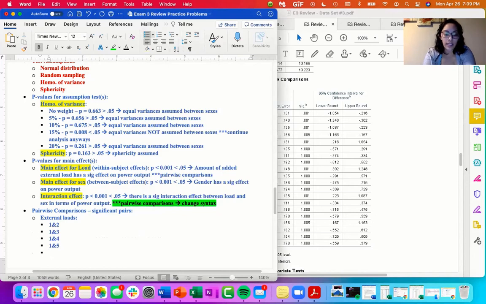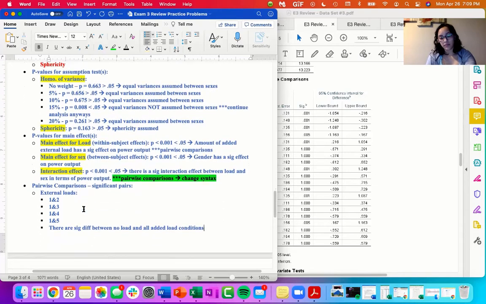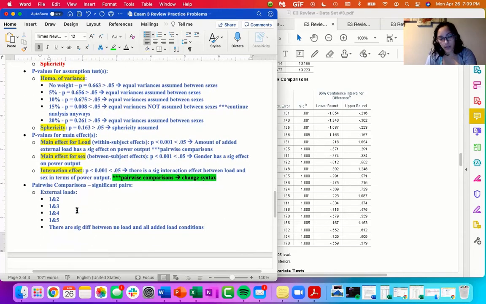Alternatively, you could say there are significant differences between no load and all added load conditions. So I hand grade all of these responses. Again, as long as you get your point across and it's accurate with what is in the output, then you're fine. Okay.